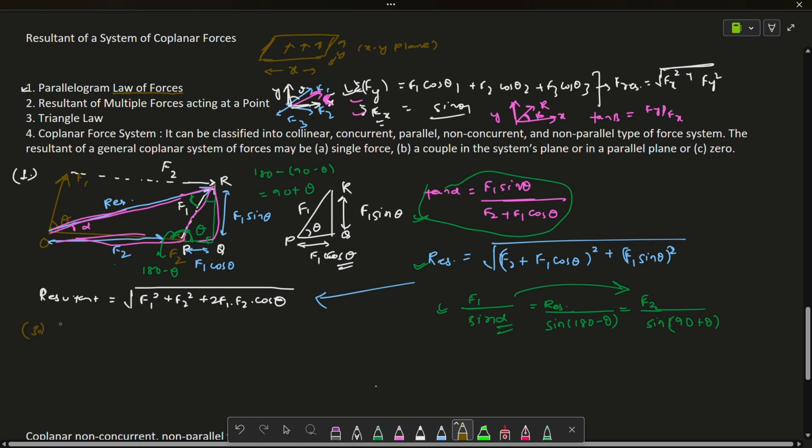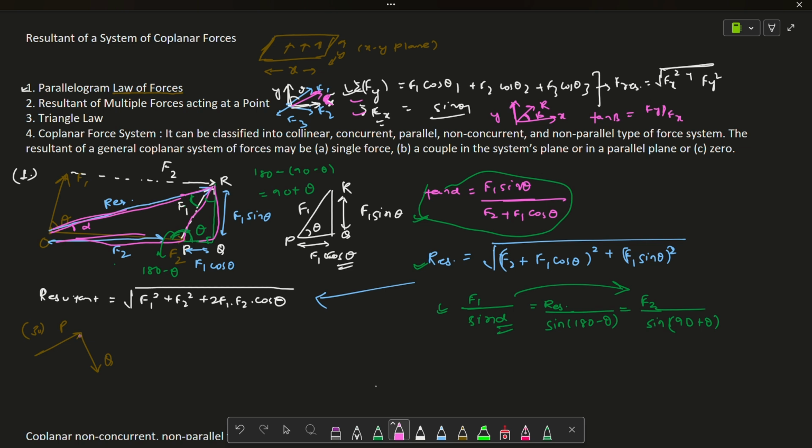And now the third point is the triangle law. So let me explain here. Let's suppose a force is acting as P and another force is acting as Q. So if two forces are acting and you have to find the resultant of these two, what you can do is simply draw another line to make a complete triangle. Let's call it R, and it should be in the opposite direction.